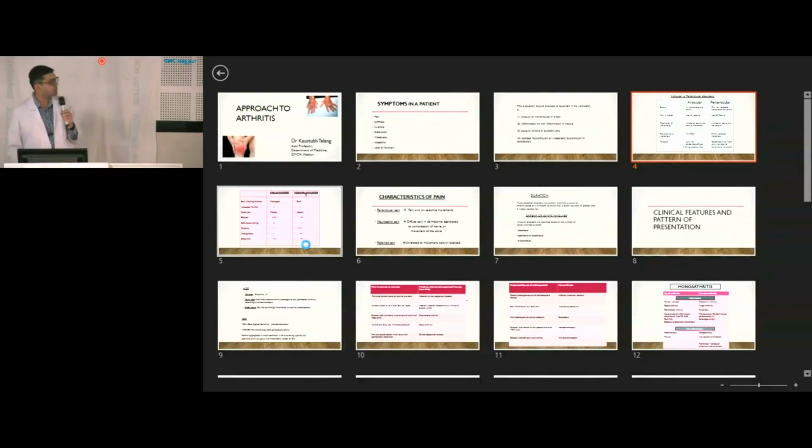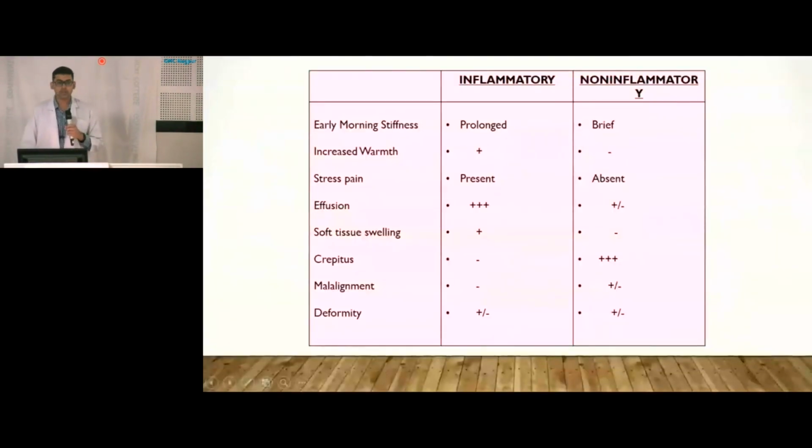Our most important differentiating feature is whether it is inflammatory or non-inflammatory, because the whole treatment depends upon this. For the inflammatory one, you must be very familiar with the word early morning stiffness. Whenever you are reading about arthritis, especially rheumatoid arthritis, you must have been aware of this word.